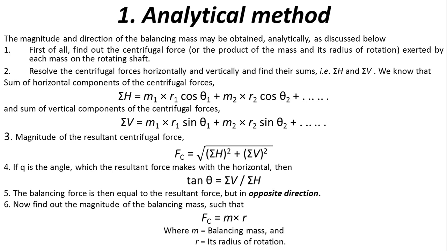Finally, you can find the magnitude of the balancing mass. You know that Fc equals m into r, where m is the balancing mass and r is the radius. So from this you can calculate the unknown balancing mass, once you have the Fc.